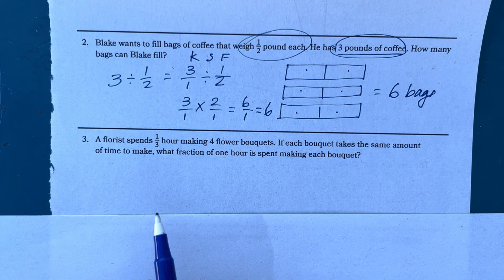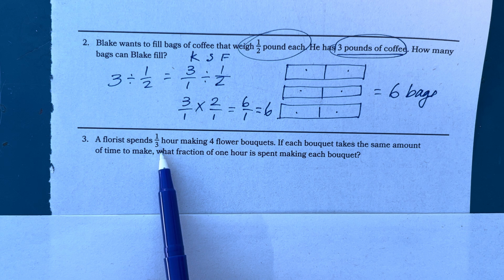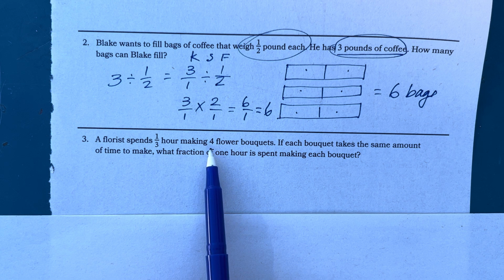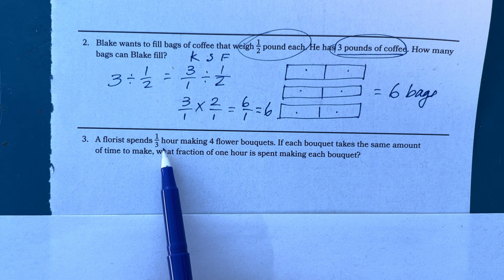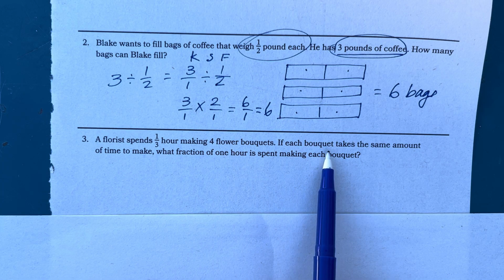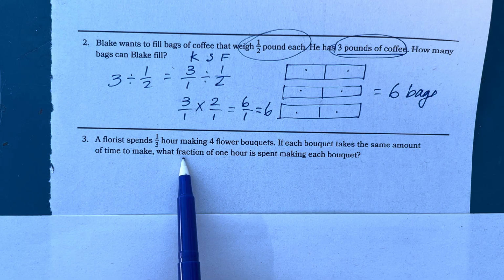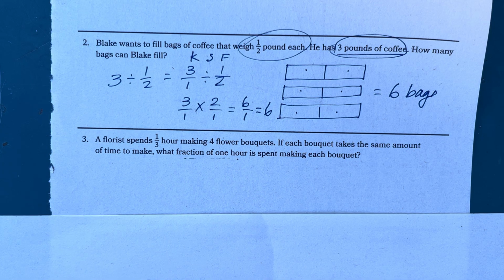So she's saying that 1/3 of an hour is spent making 4 bouquets. So for every third of an hour, she can make 4 bouquets. If each bouquet takes the same amount of time, what fraction of 1 hour is spent making a bouquet?